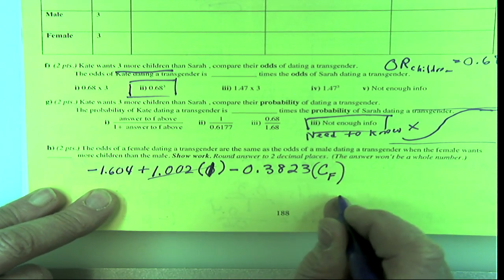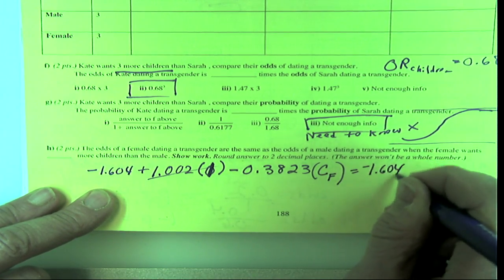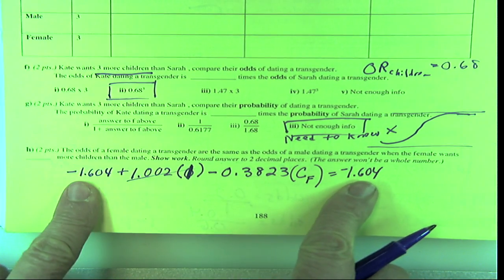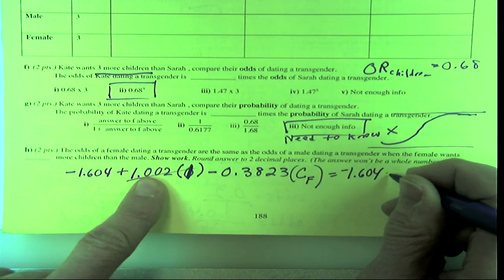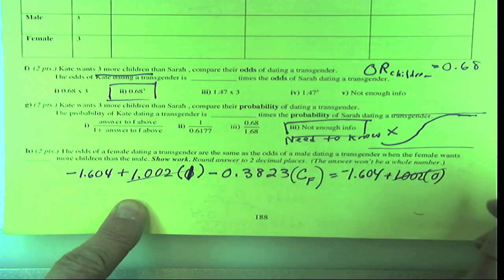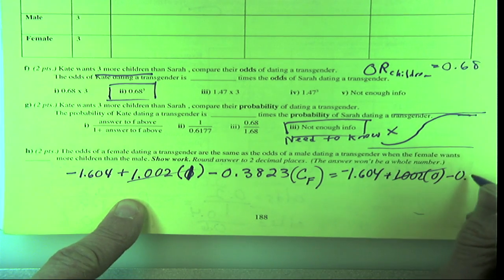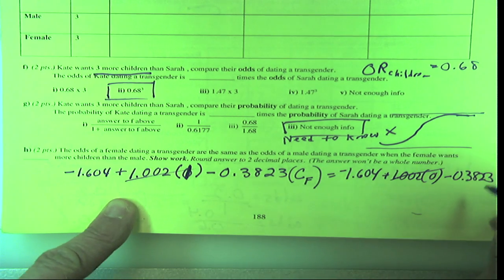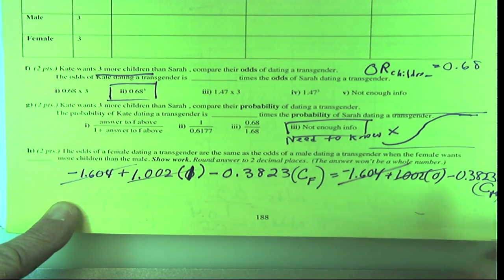Then for the males, I'll do the same thing. I don't really have to, because they're on both sides, but I'll put it in anyway. That's times 0, minus 0.3823 times the number of children for the males. So these cancel out, these cancel out.